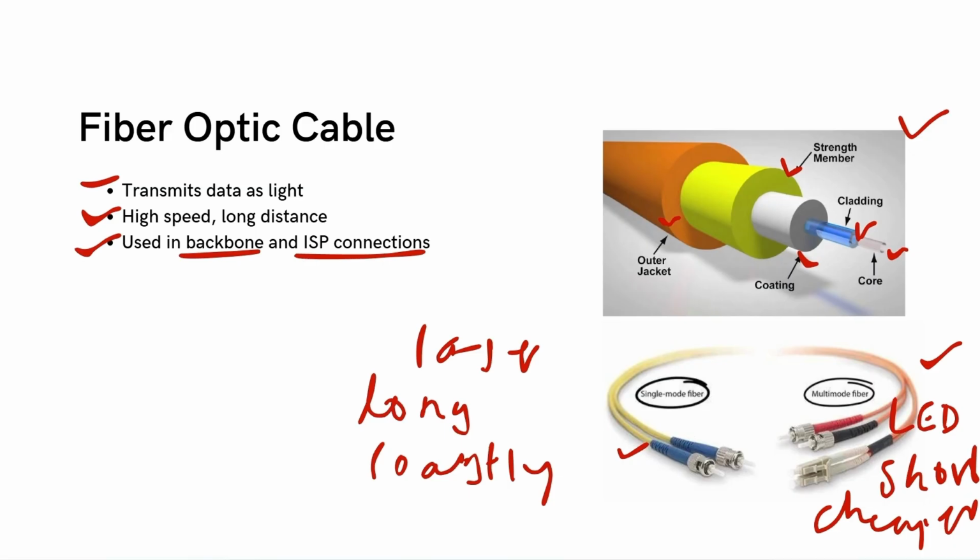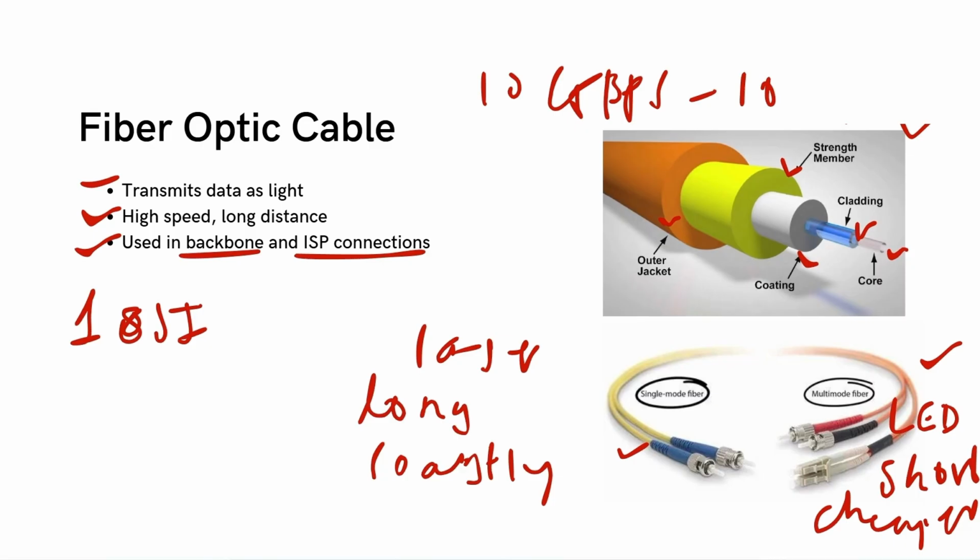Its speed is 10 Gbps to 100 Gbps and beyond it, and this works at layer 1 of the OSI model.